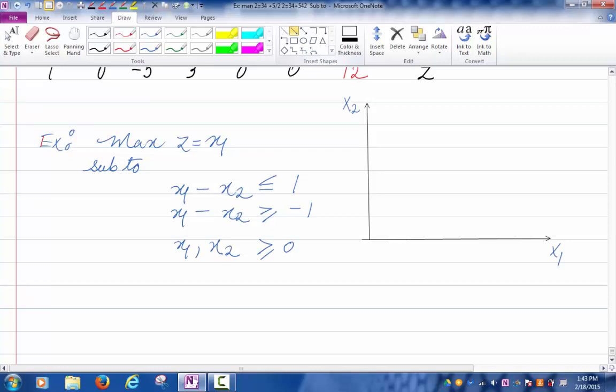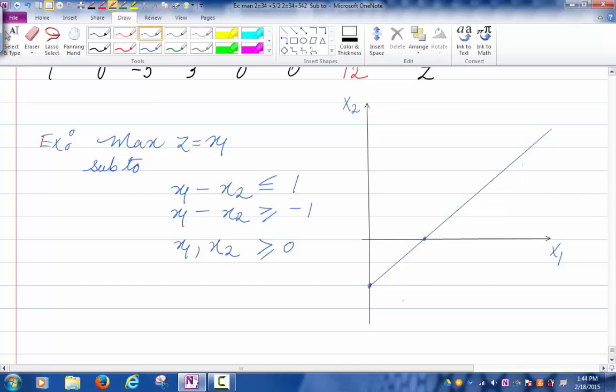So let me extend this here. Let's say -1 is right here and +1 is right here. And the graph of this first equation would be this.